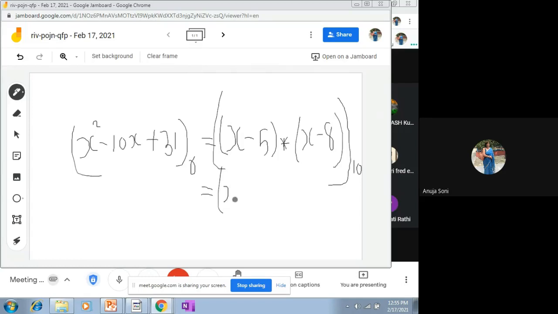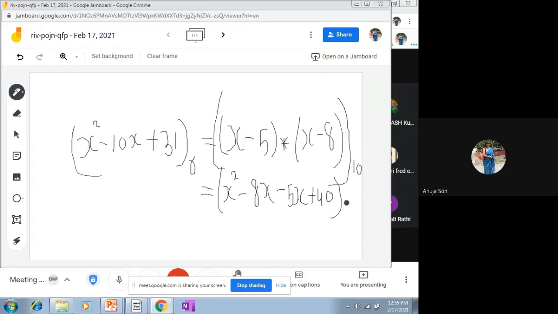x square by simple multiplication, minus 8x, minus 5x, plus 40. 8 fives are 40. Simple multiplication we have to do, so it will have a base of 10.